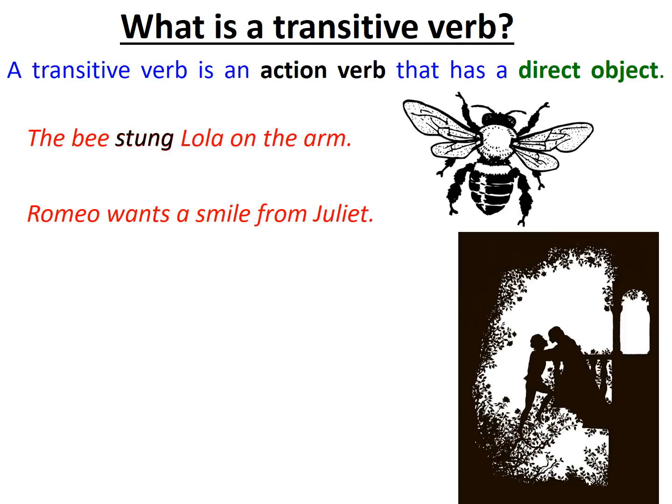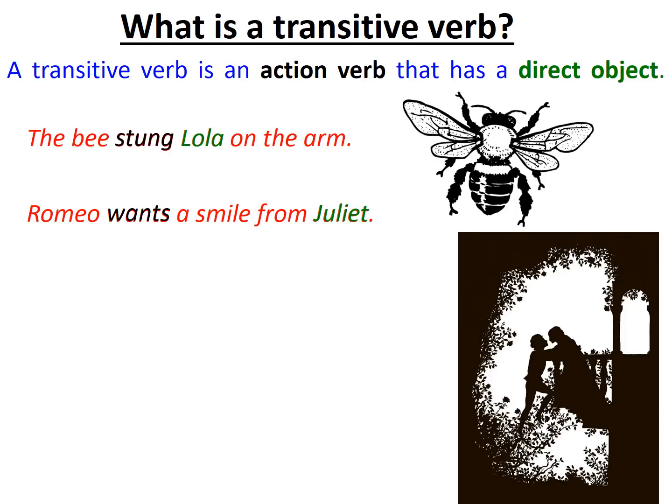The bee stung Lola. The action verb is stung, and Lola is the direct object. She unfortunately receives this action and she is hurt, we learn, on the arm. With the second example, Romeo wants a smile from Juliet.